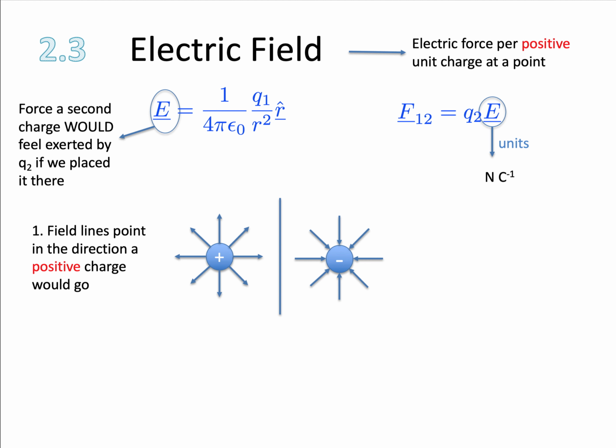Now, these two charges are separated at the moment. What about if we put them together? What would the field lines look like? Try pausing the video and drawing them out, just from what you know about the first rule of field lines.